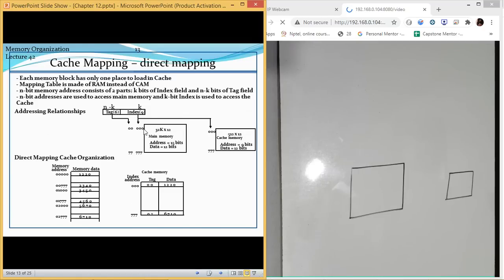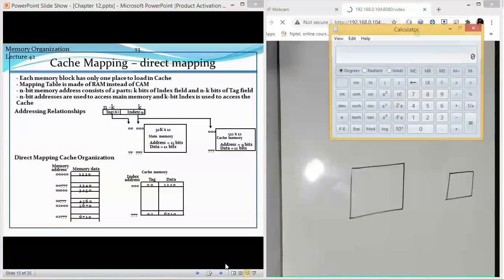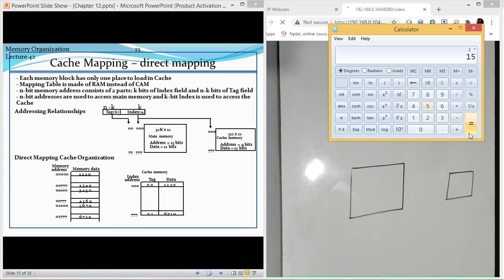So this is how we are having 15 bits at this place. 2 raised to the power 15 is 32768, which is 32K. 32K is equivalent to 32 into 1024, that is 32768. So this is why we are having address bits of 15 bits.